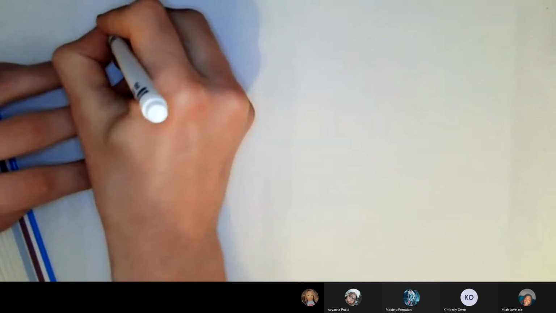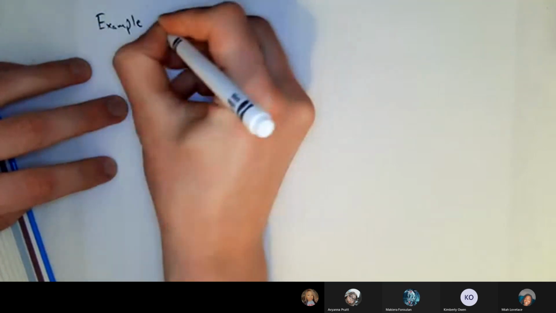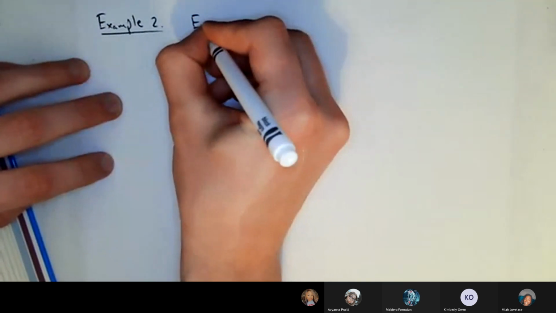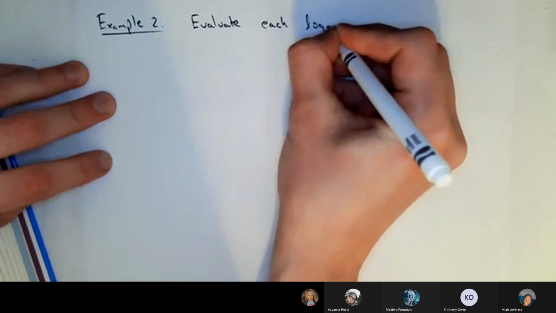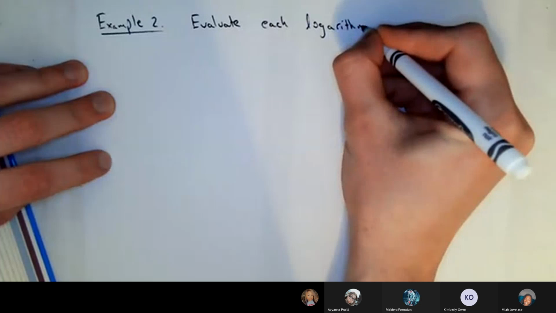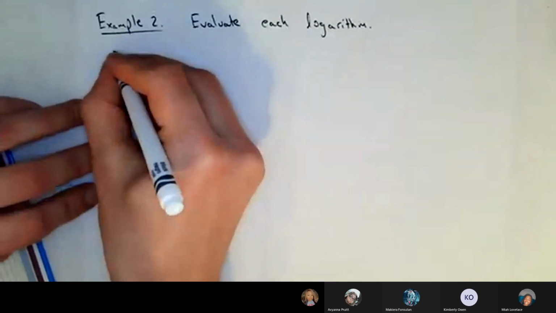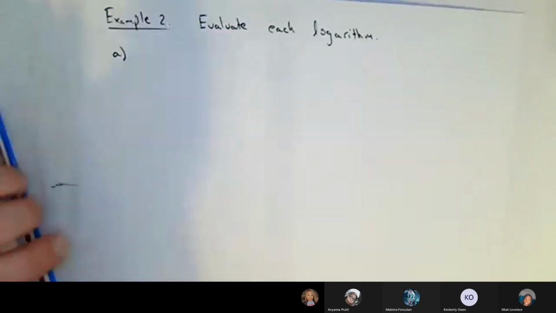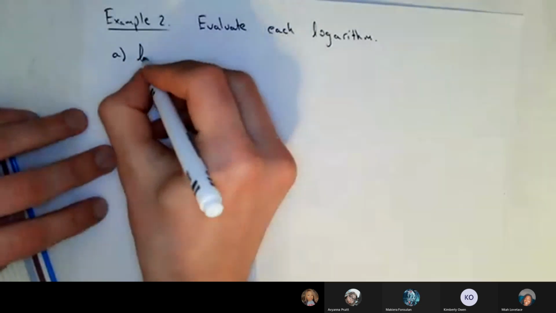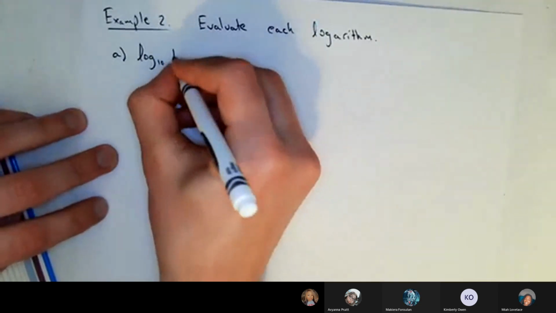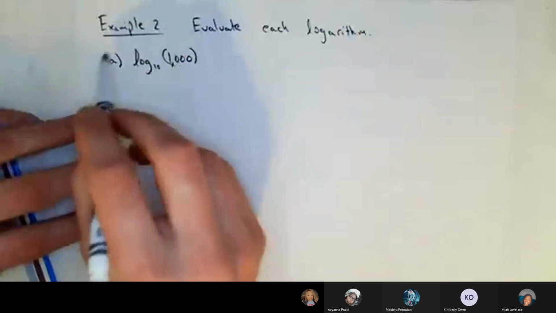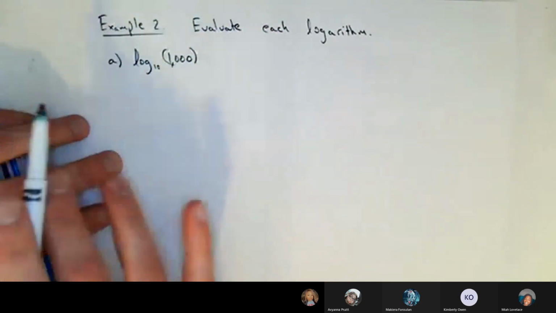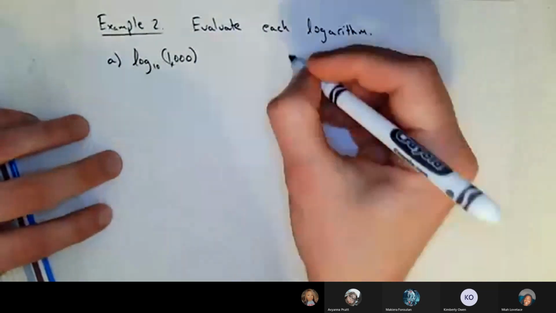All right. Let's do some more practice with actually evaluating logarithms that have nice relationships, just to get a better feel for them. So, example 2. This time I'm going to leave it as an expression, and I'm asking us to evaluate each expression.